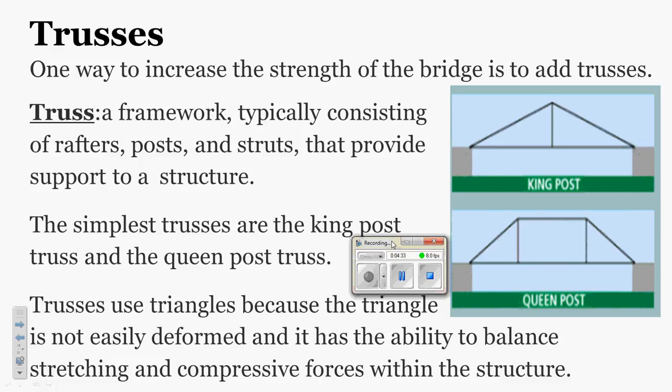It's in the middle, but it's up at the top for the sides of that bridge, and then you have one span. And then there's the queen post truss. The queen post truss has two supports from the span up to the top of the truss itself.